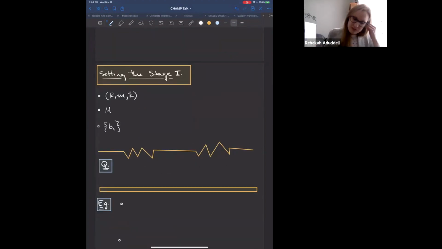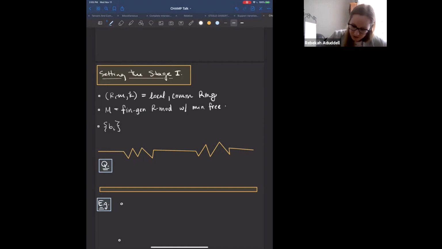Okay, so to set the stage in the original setting, for the entirety of my talk, R will be a local commutative ring with maximal ideal M and residue field K. Whenever I refer to a module capital M, I'm talking about a finitely generated R-module with minimal free resolution, which I'll denote as F. Whenever I talk about free resolutions of R-modules, I'm specifically talking about minimal free resolutions.